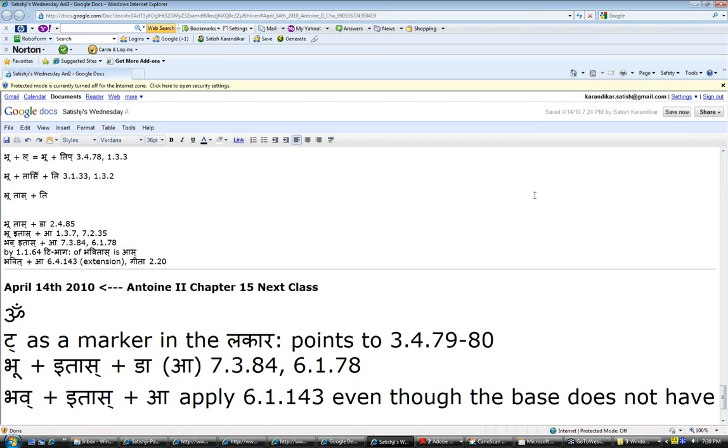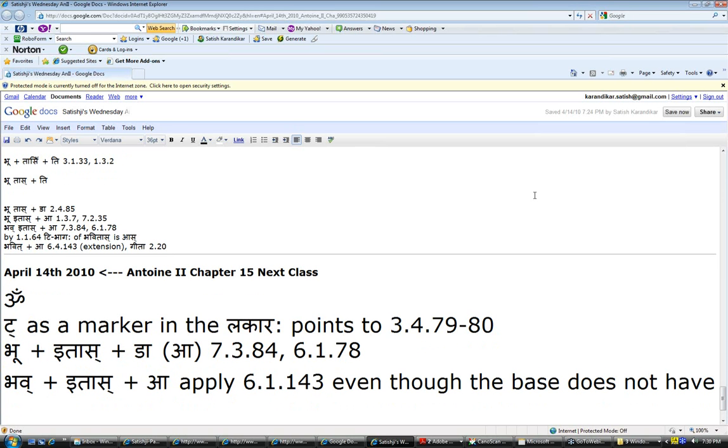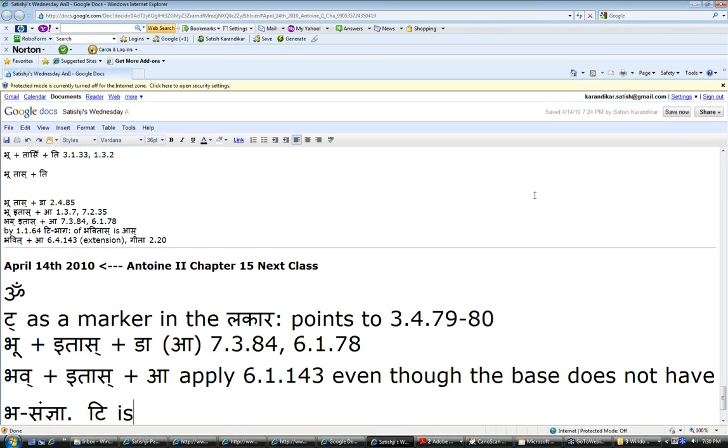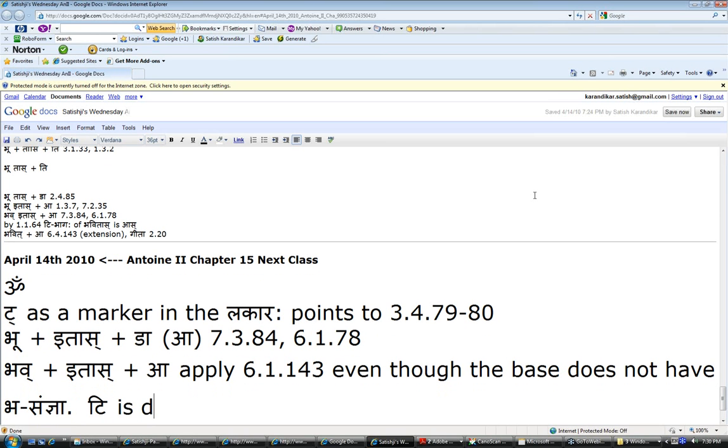The definition of the ti bhagaha is, as we already saw, in 1.1.64.